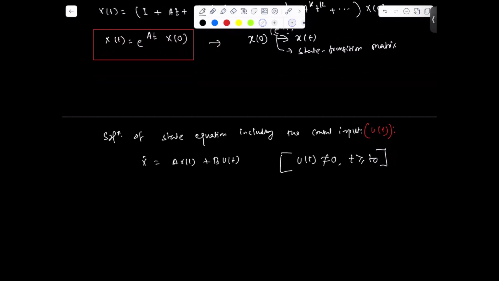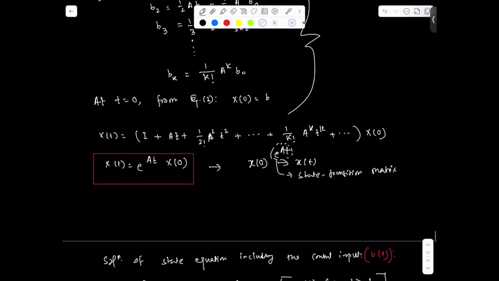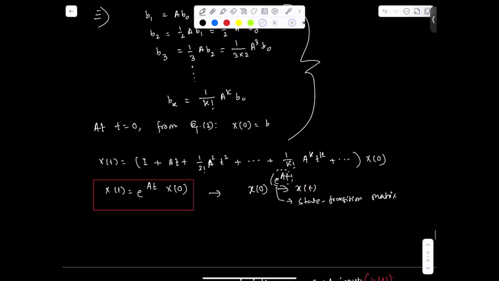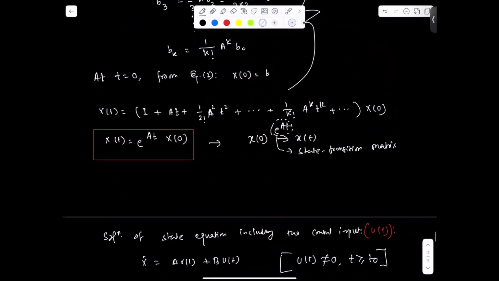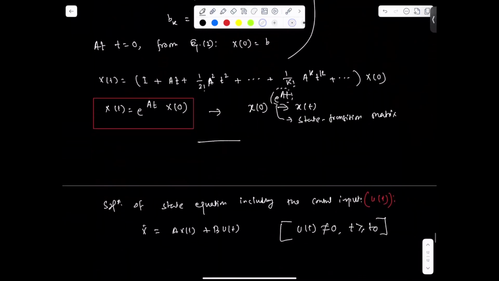We'll follow the same procedure we have done for the scalar system case. So we'll multiply both sides. Let us define the equation number. This is our equation, let's say 5.